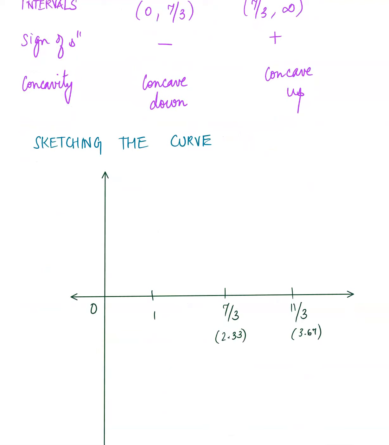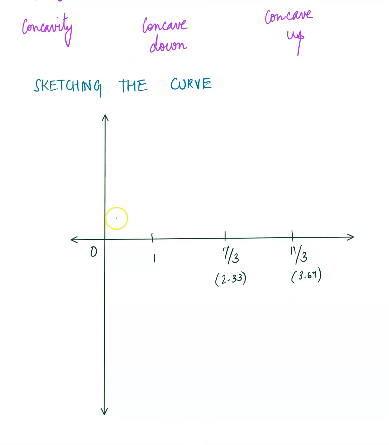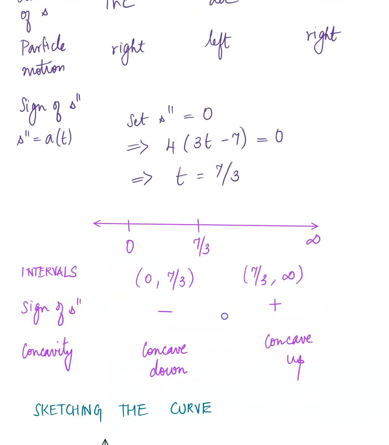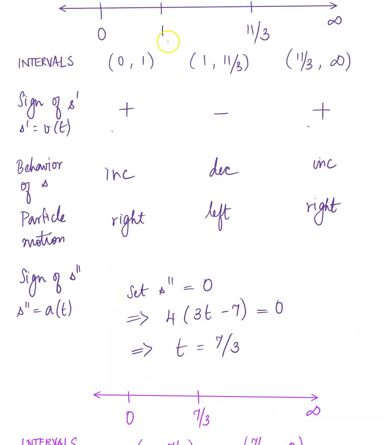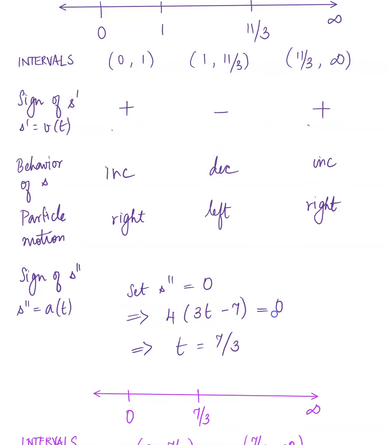I'm going to erase this right after I write this, otherwise it'll get cluttered. In this interval, it's concave down. But in this split here, 0 to 1, it's increasing, and let's come back here. And 1 to 11 over 3, it's decreasing.